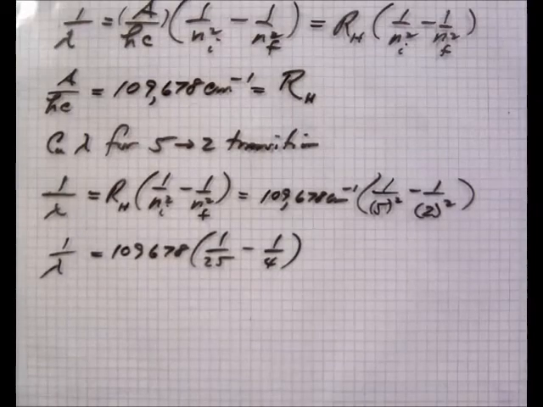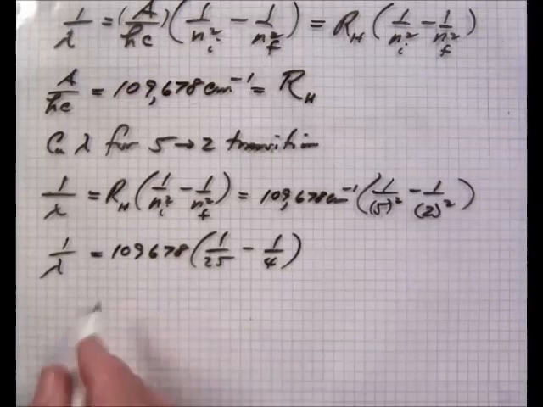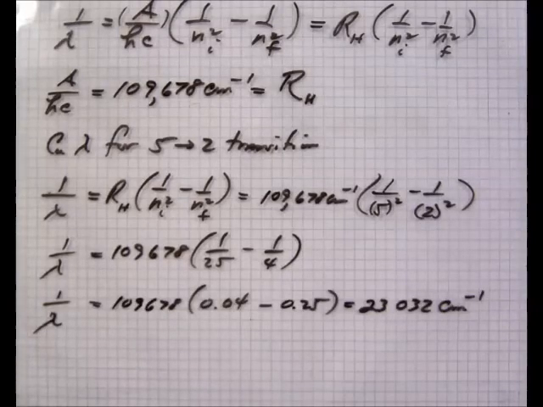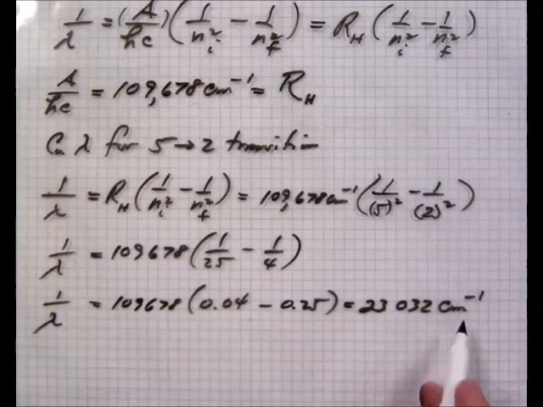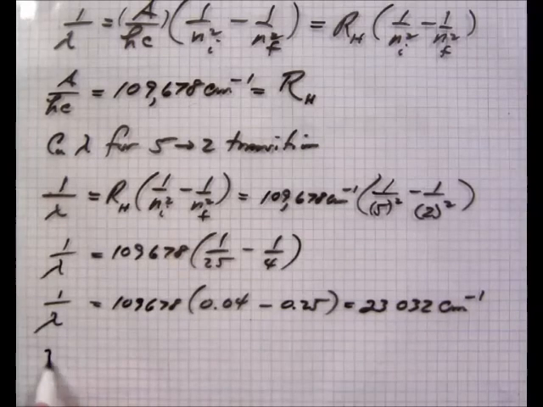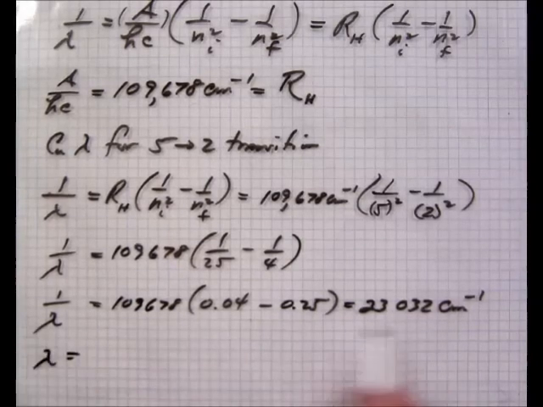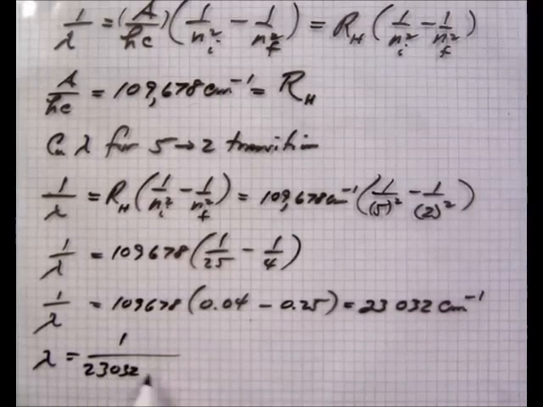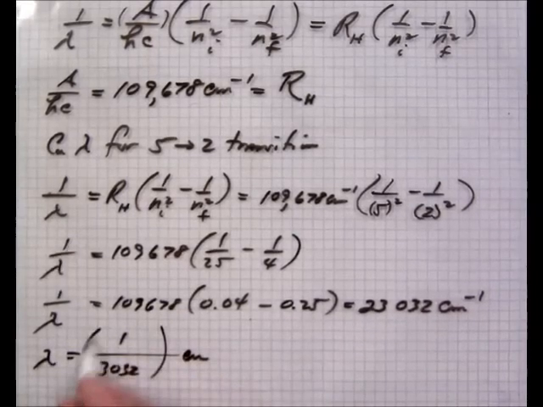You can drive yourself crazy worrying about pluses and minuses. If it's going up, it's positive. If it's coming down, it's negative. That's all it is. The number comes out in reciprocal centimeters: 23,032 is 1 over lambda. You want centimeters, so you solve for lambda and switch places, and you have 1 over 23,032, in centimeters.